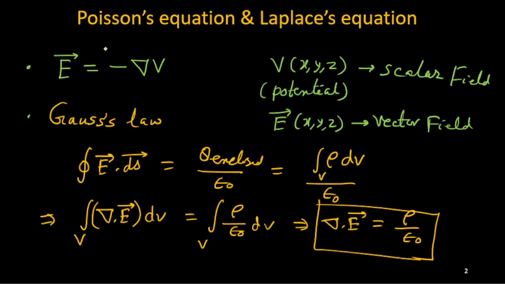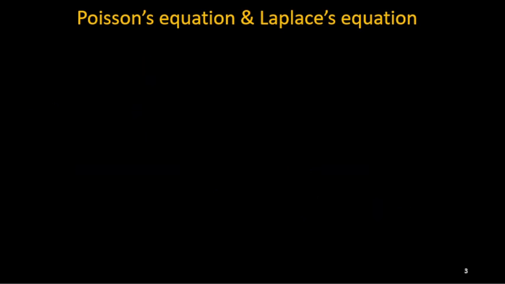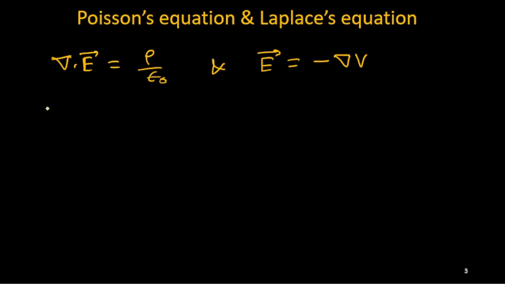Now we can combine these two to get another relation. We have already got del dot E equals rho upon epsilon naught, and the electric field is minus gradient of V. Now if I replace this E here, what I'll get is del dot of minus grad V equals rho upon epsilon naught.